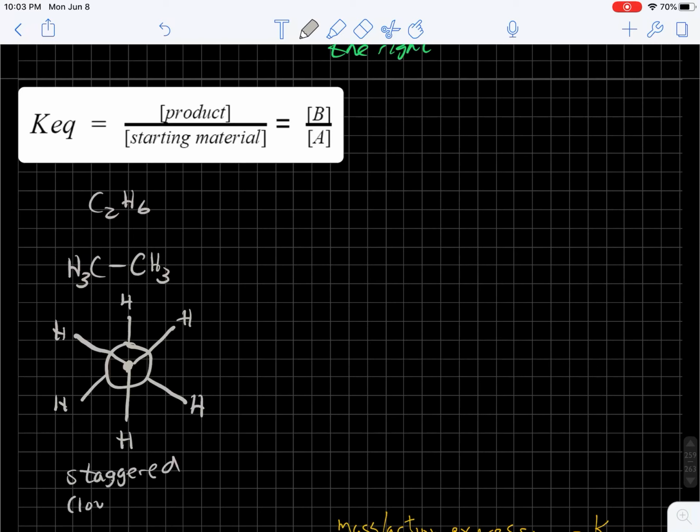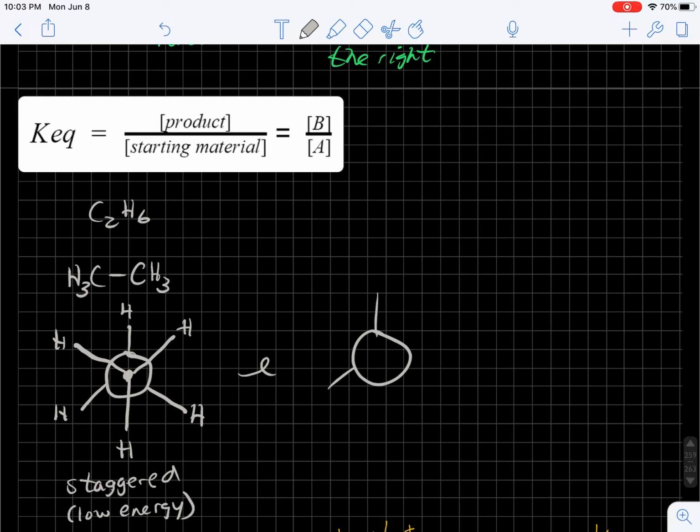And the staggered arrangement is very low energy. Now, when you add heat, the molecule absorbs the heat and rotates the bond to a position of high energy. In other words, we go from a low energy arrangement, you add heat, it absorbs the heat and becomes a high energy arrangement. So the back carbon is still going to look like this.